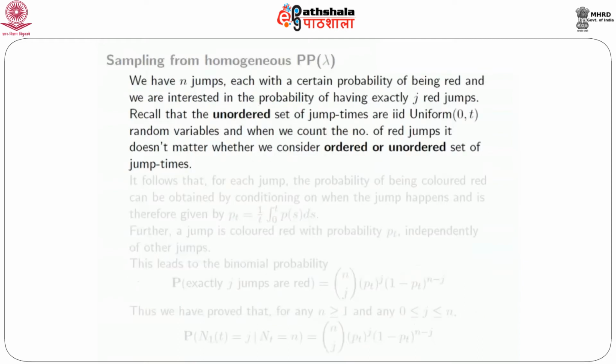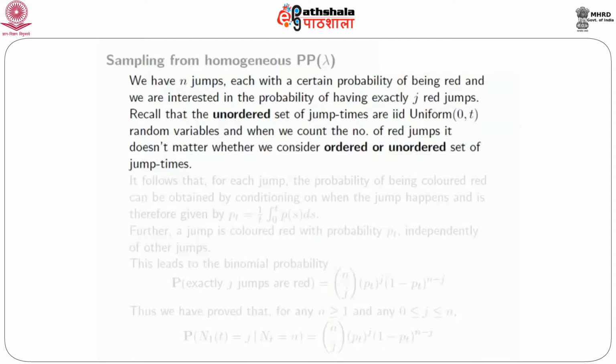Now let's forget about the conditioned process N_s given N_t equal to n and focus entirely on the N tilde process. We have n jumps in the N tilde process, indexed by times s between 0 and t, each with a certain probability of being red, and we are interested in the probability of having exactly j red jumps.